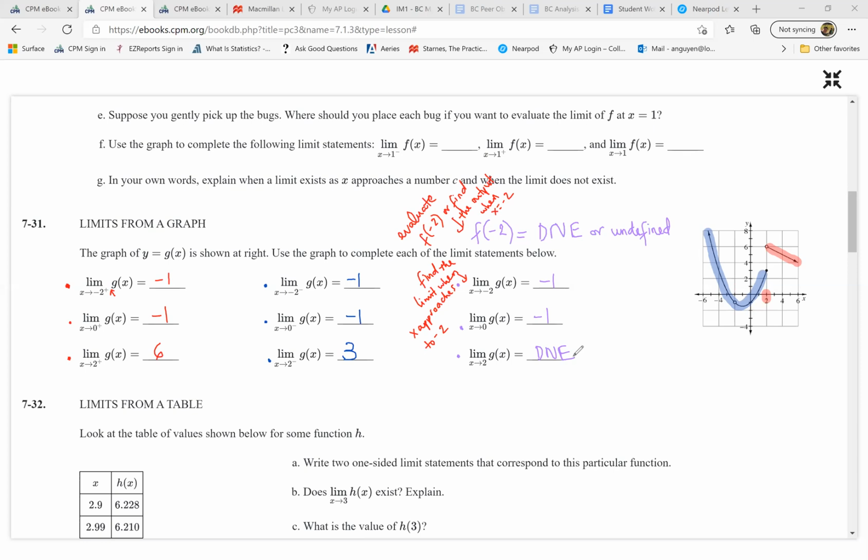So therefore, when we have the limit at x at 2, we don't have a limit. In order to have a limit at the x value, both side limits have to agree with each other. Has to be the same, yes.